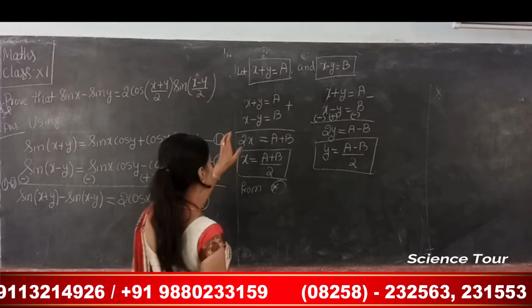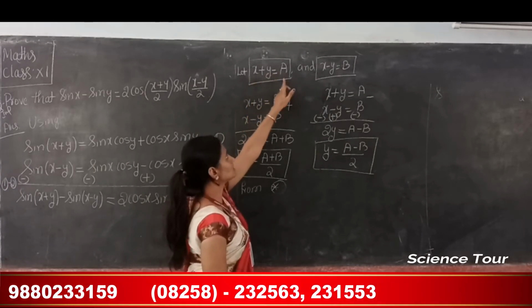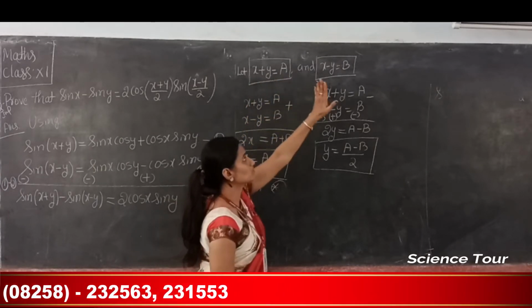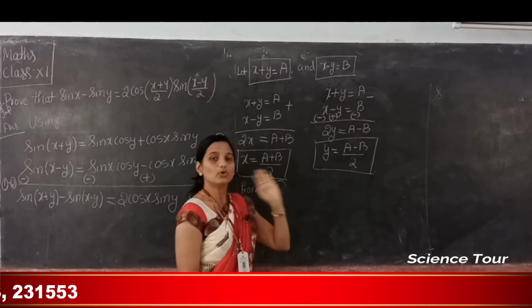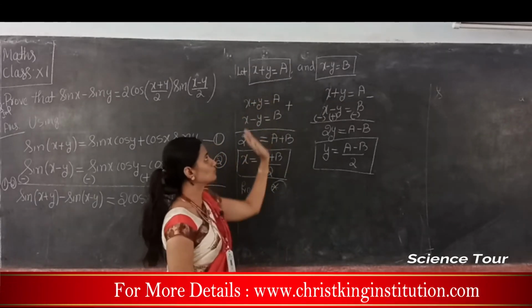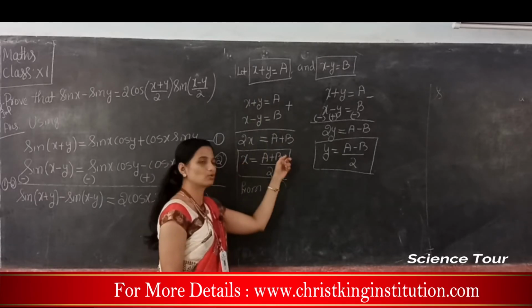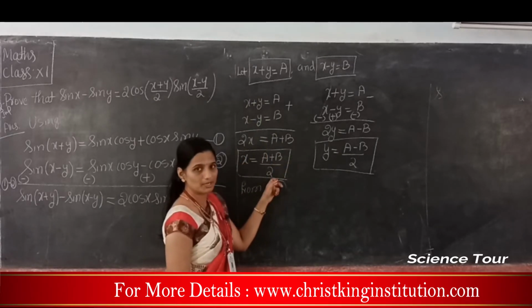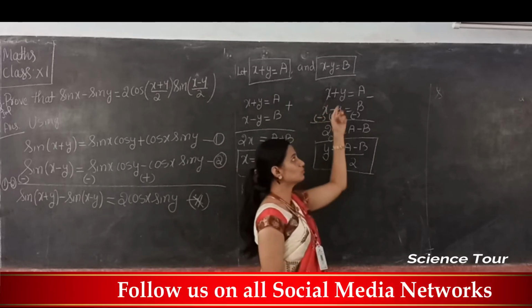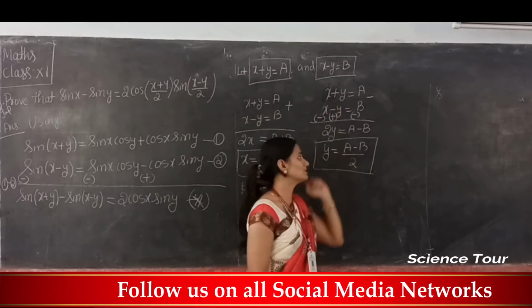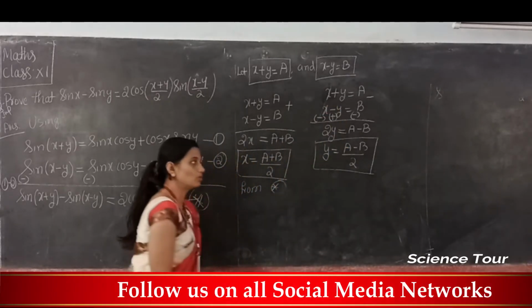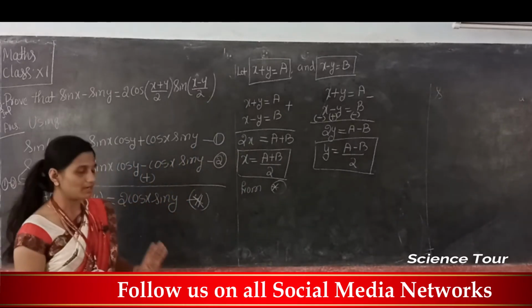Now I am replacing x plus y is equal to A, x minus y is equal to B. So what to do first? First add those two equations and get x is equal to a plus b divided by 2. Next subtract those two equations, so we get y is equal to a minus b divided by 2.